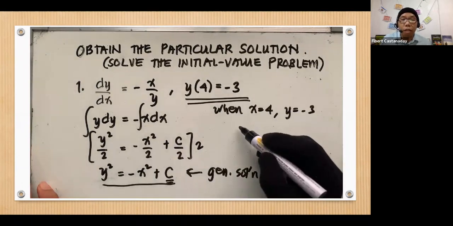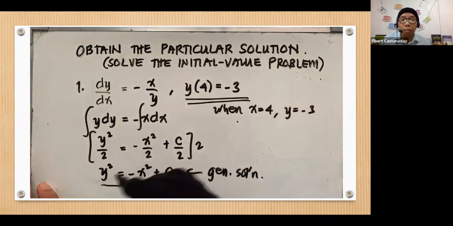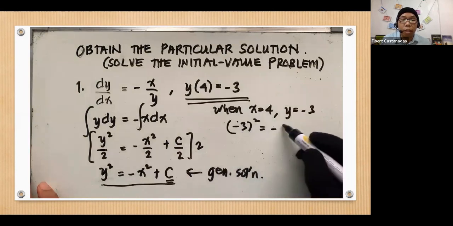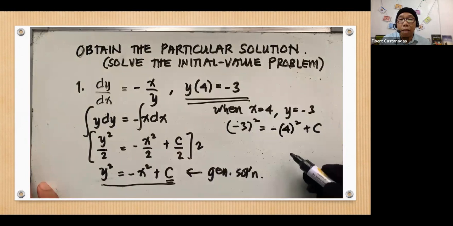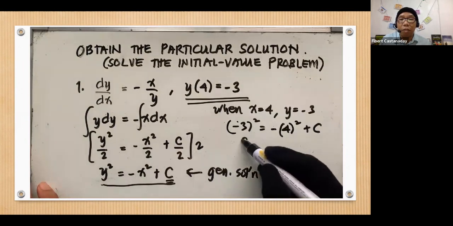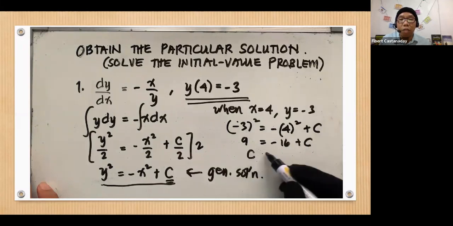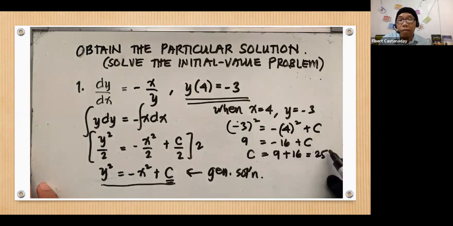So we have y is equal to minus 3, so minus 3 squared equals, nasa kabilang side naman, so minus, ano yung x? 4 squared plus c. Yan, mental math na lang guys. So negative 3 raised to 2 is 9 equal to minus, ano yung 4 squared? 16 plus c. So masolve mo na yung c, transpose mo lang yung 16, 9 plus 16 is 25, right?